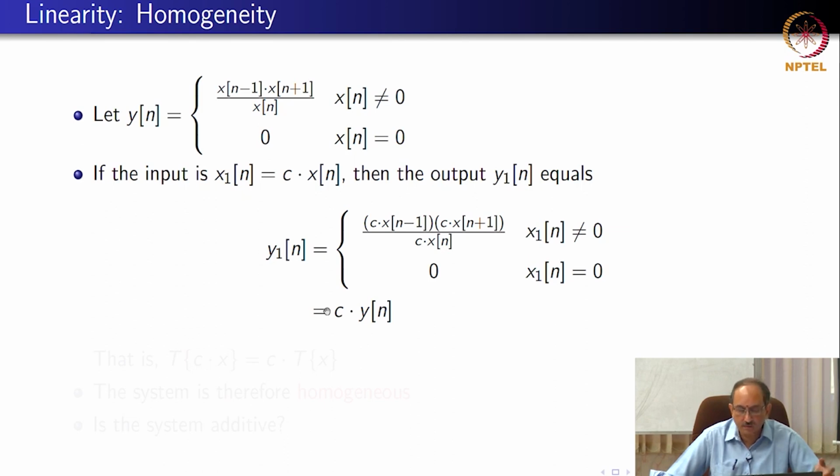So pretty simple, the c's cancel and you get c times y of n. So clearly this system is homogeneous.